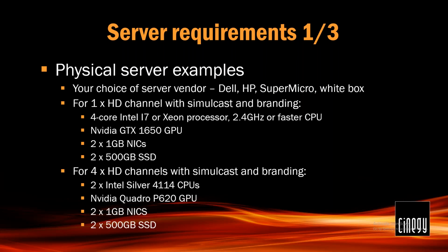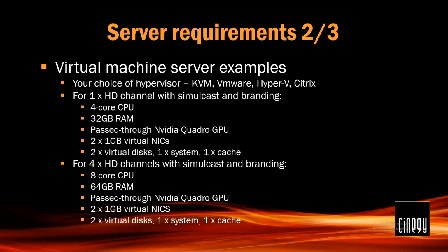But this is an example of what kind of physical server you would want to run 1 channel and 4 channels on. To go for virtual machines, we don't care what hypervisor it is. We simply require GPU availability, and all of those offer that now in a variety of different ways.